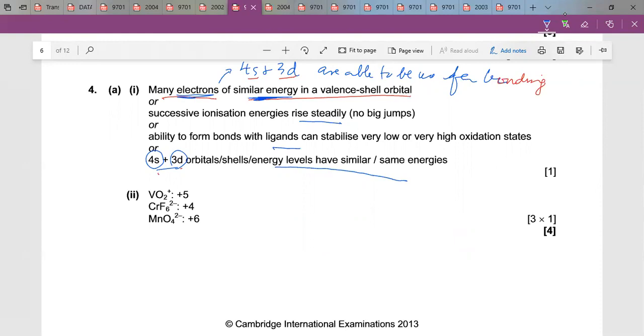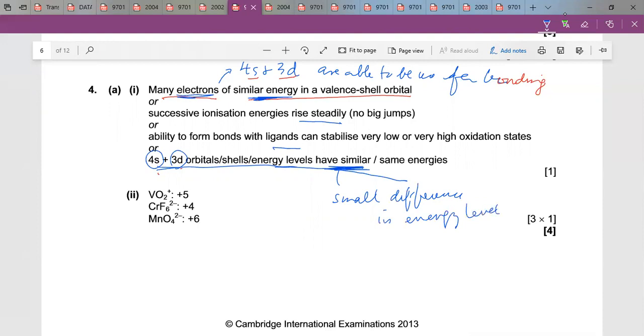You have 4s2 and 3d1, 4s2 and 3d2, 4s2 and 3d3, 4s1 and 3d5, and all of them can be used. Why? Because the 4s and 3d orbitals have similar energies, or a small difference in energy level.